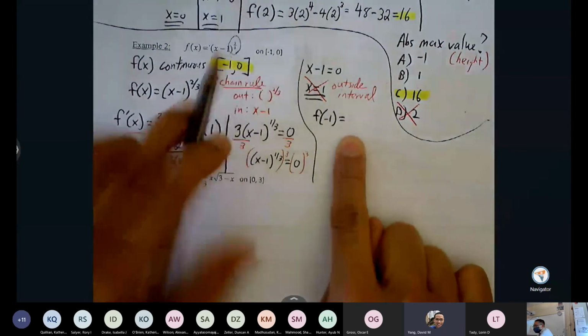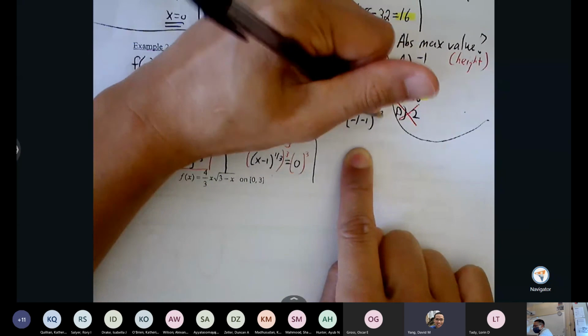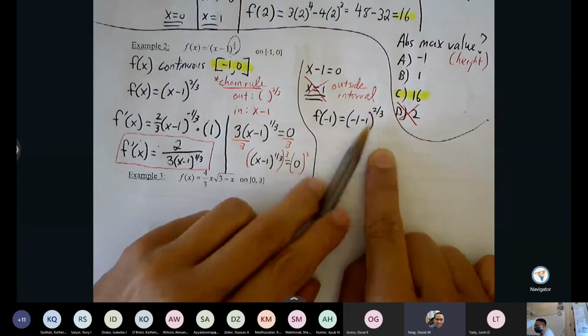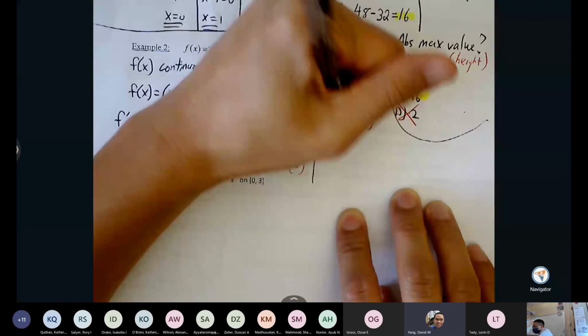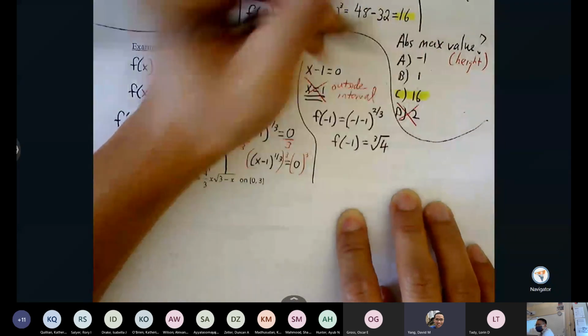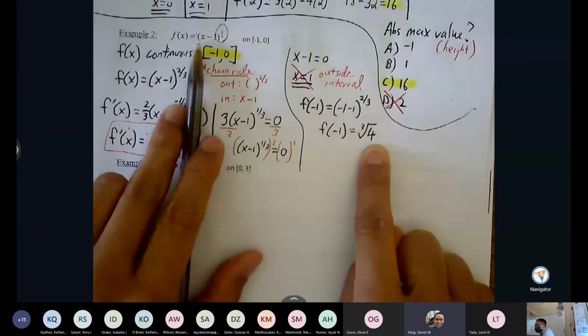-1 first. I get -2 squared, which is 4, and the cube root of 4. Okay. It's some decimal value, right? Plug 0 into the function.